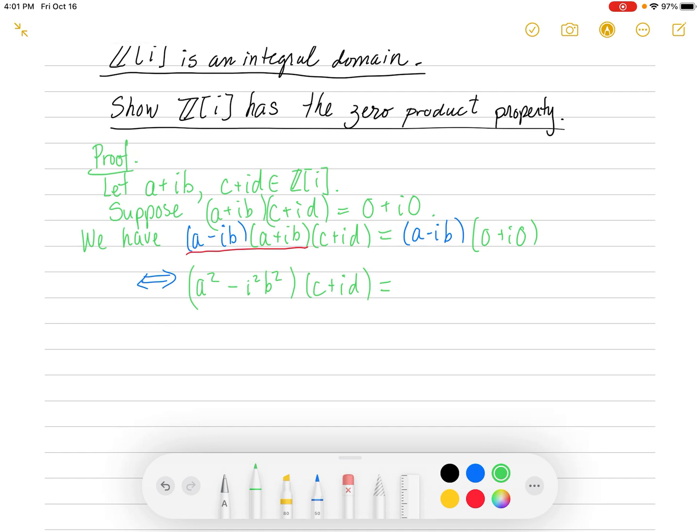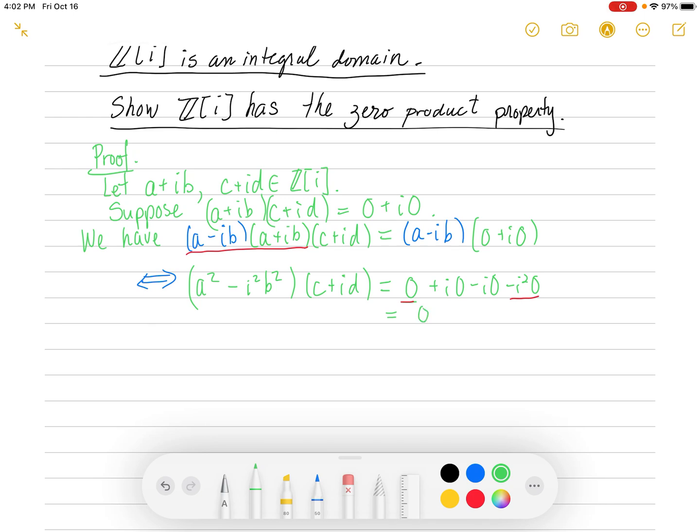And then you have c plus id. And when you FOIL these out, you can FOIL these out if you like, you're going to have 0 plus i0 minus i0 minus i squared 0, which is all going to be just 0.